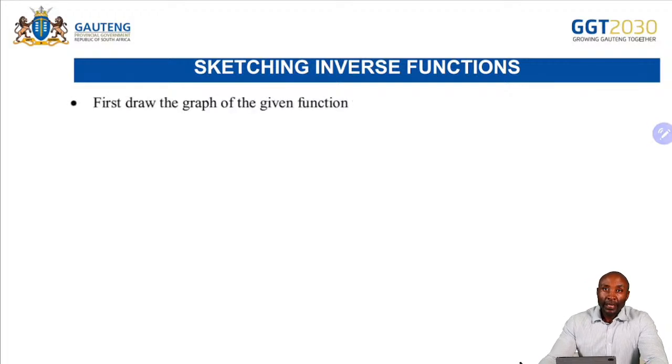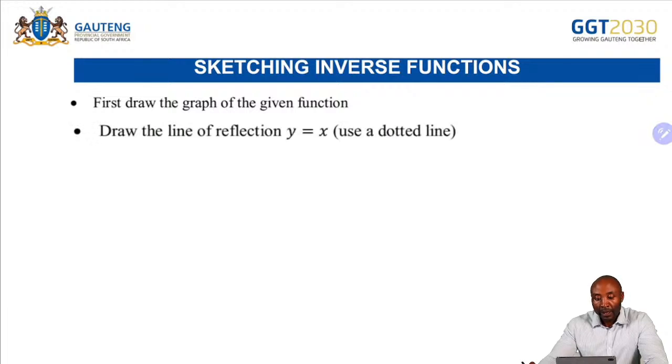Remember, the steps we use to sketch inverse functions still apply. We draw a sketch of the original or given function, and then we draw our line of reflection, which is y equals x, using dotted lines.